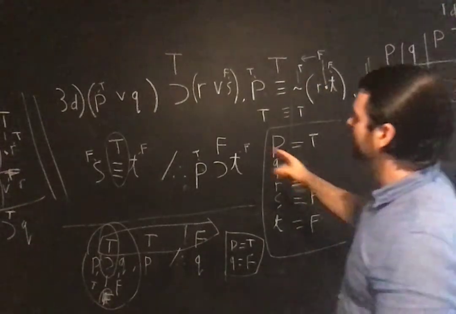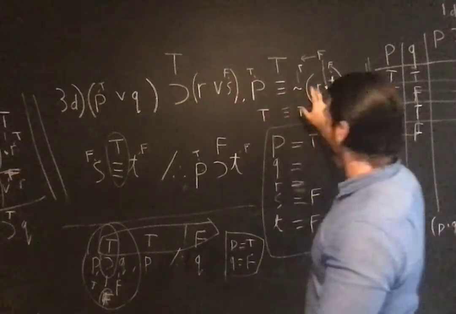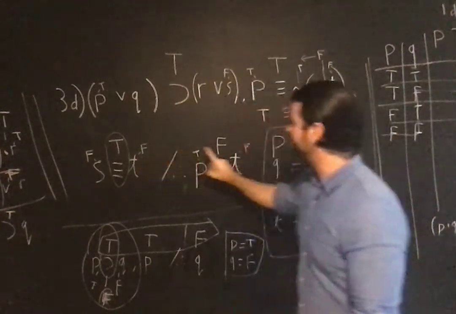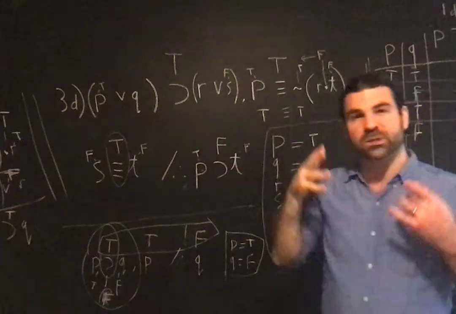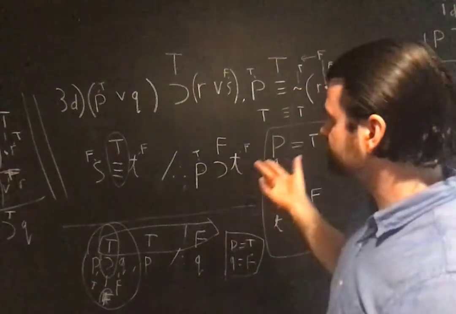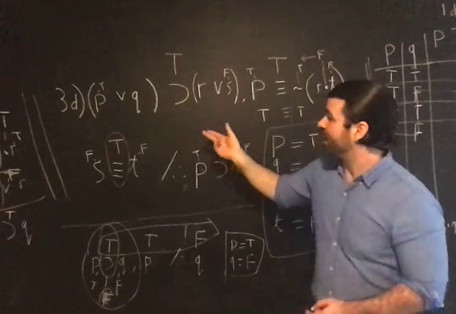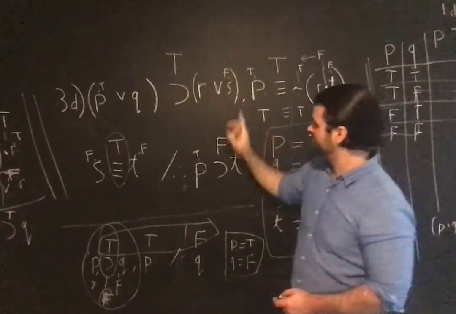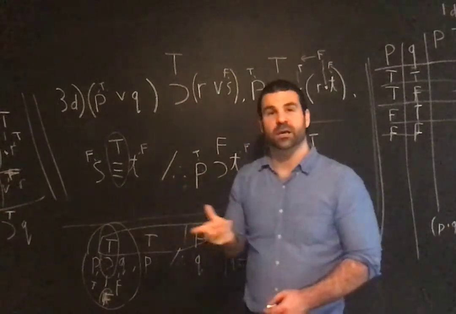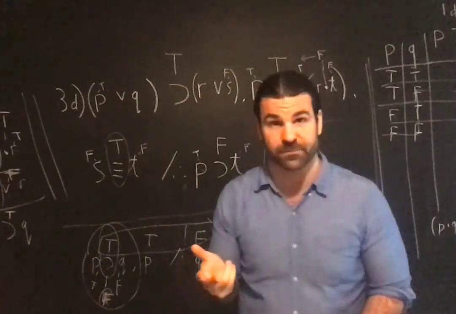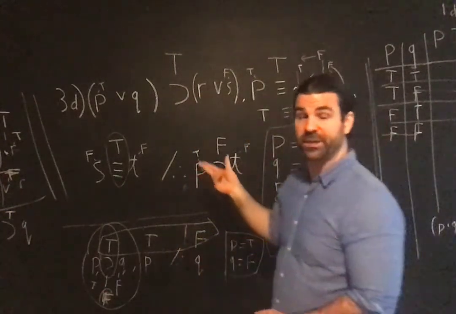Okay, what else we got? This overall, so that's good, that's good, that's good. We're only left with concern with the first premise. What's my frame? I've got some assignments here, right? Q is undetermined, R is undetermined, which means they can be whatever I need them to be. Whatever I need them to be to do what?